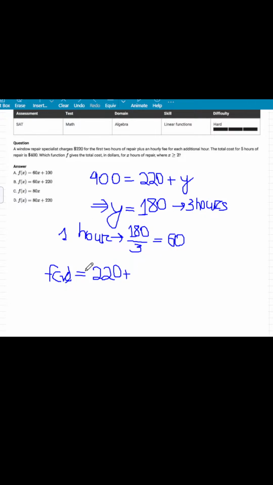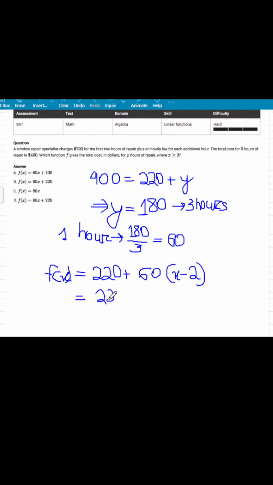After 2 hours, x minus 2 hours are left, so we'll have 60 multiplied by x minus 2, which is the additional fee. So 220 plus 60 multiplied by x minus 2. Let us simplify this.